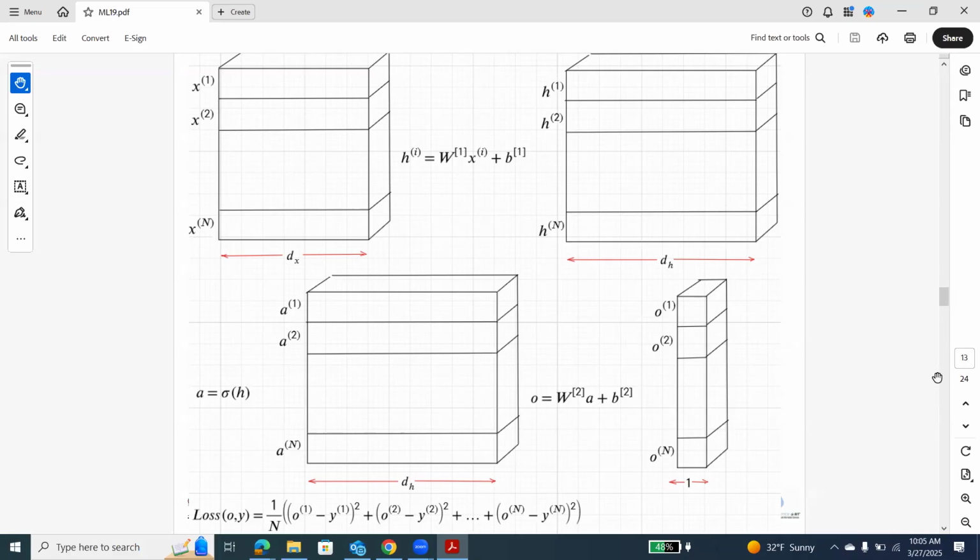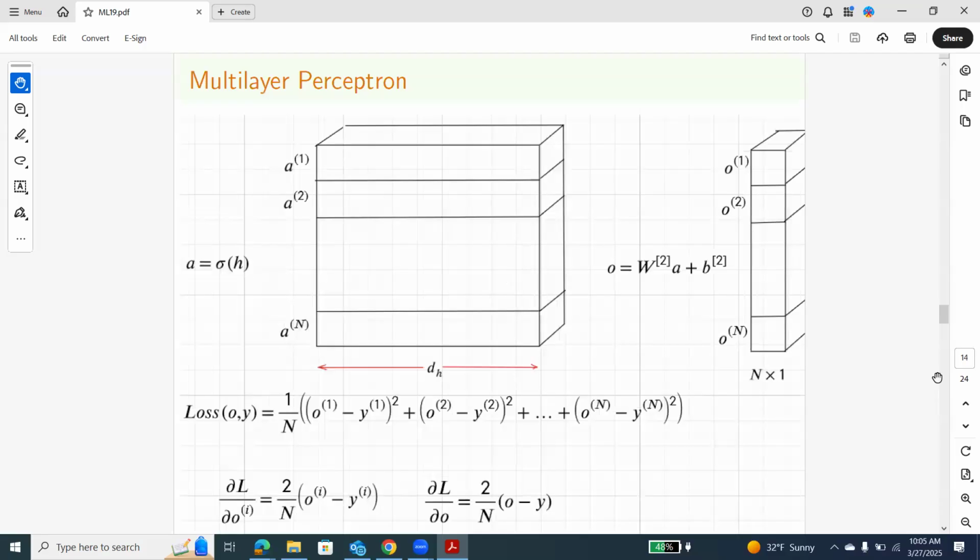Because the input into our loss function is O, we will calculate the derivative with respect to O. So the derivative with respect to O will be just 2 times the difference. This is the first derivative in backward mode, the derivative of the loss function with respect to inputs.